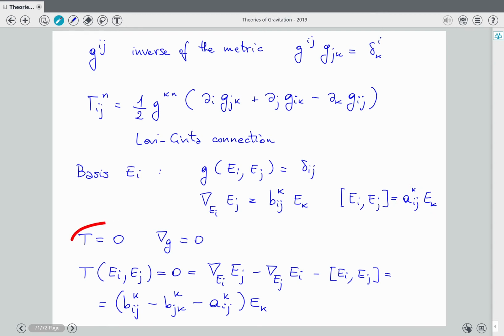And then we study the conditions of torsionlessness and del g equals 0, and see what they look like in this basis.